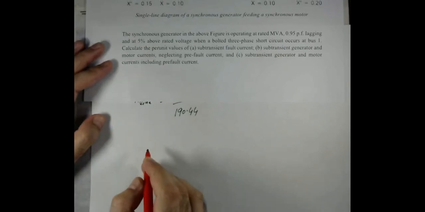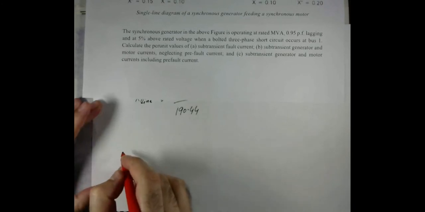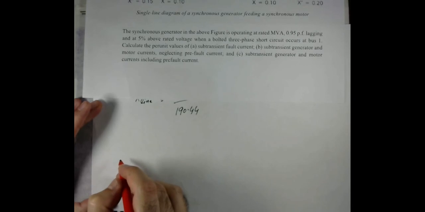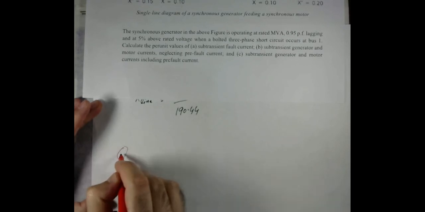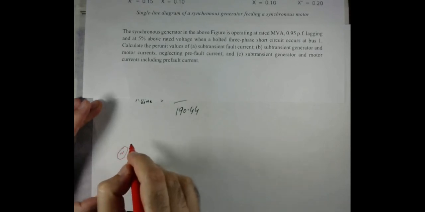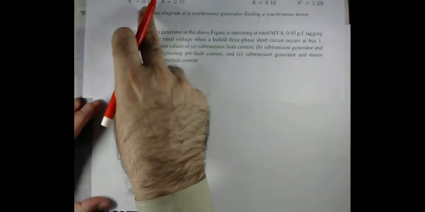So we will have a generator, and as one can see, the subtransient reactance is given here.